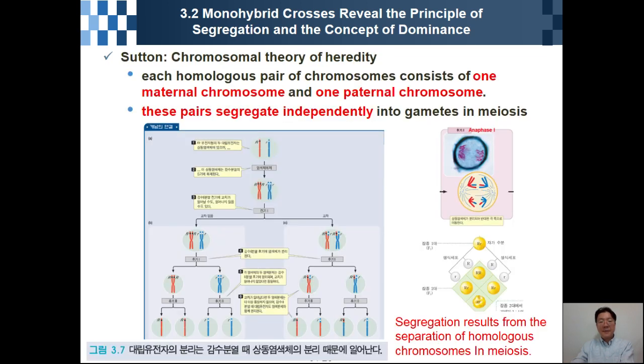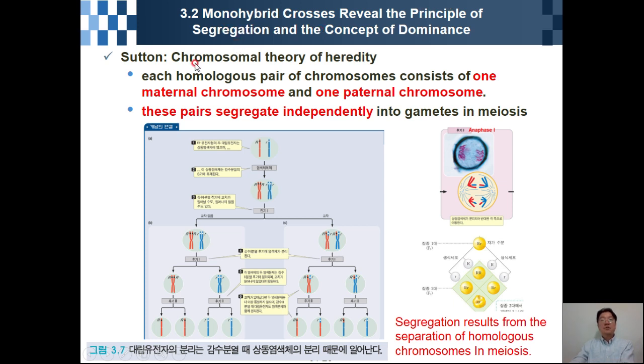But some time later, Thornton found the chromosome. So he proposed the chromosome theory of heredity. After he proposed the chromosome theory of heredity, he could explain the principle of segregation very well.